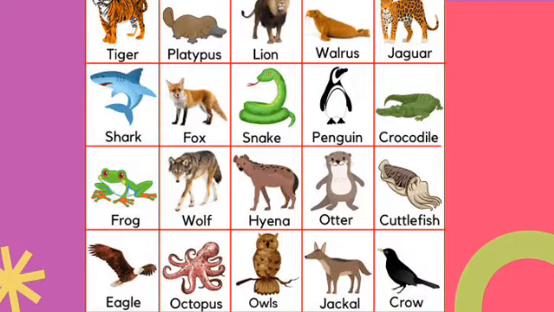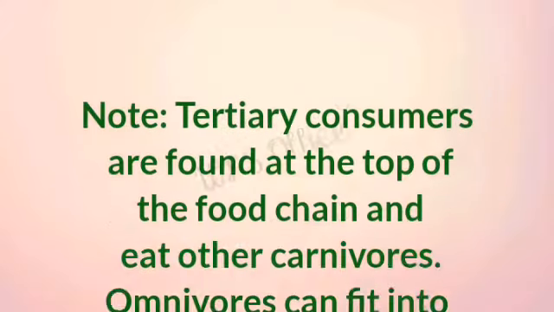Next, this is a picture showing more examples of carnivorous animals. As you can see, shark, fox, tiger, lion, crocodile, wolf, hyena, hare, octopus, eagle, crow, jaguar, and so on. So these are various examples of carnivorous animals.